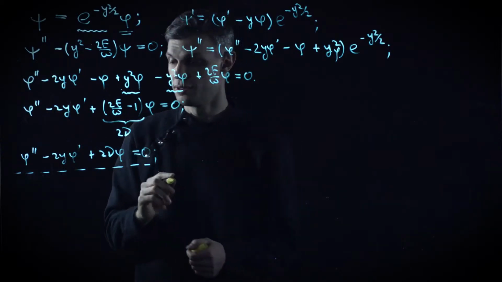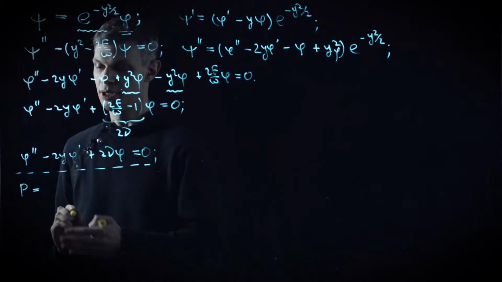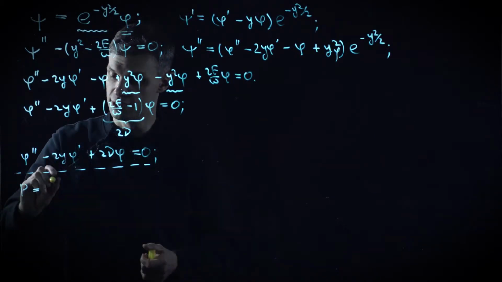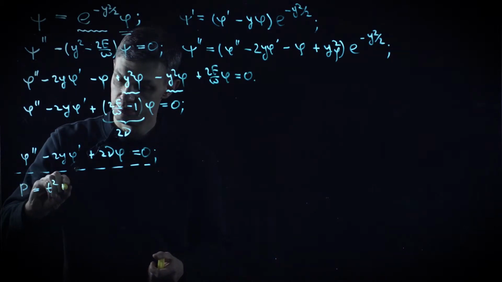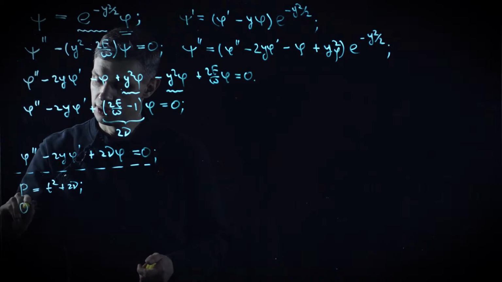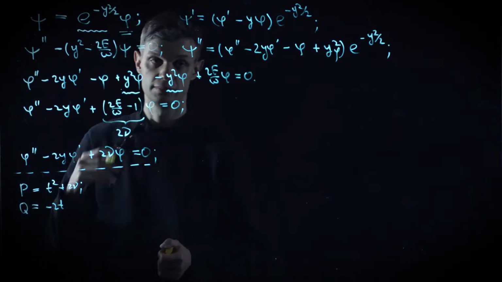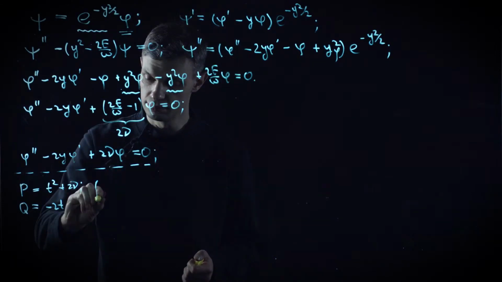So now let's implement our scheme for solving differential equations with linear coefficients. As you remember, we introduced these p and q polynomials. The p polynomial is, in our case, just t squared plus 2 nu. And the q polynomial is minus 2t. Now we perform the integration.